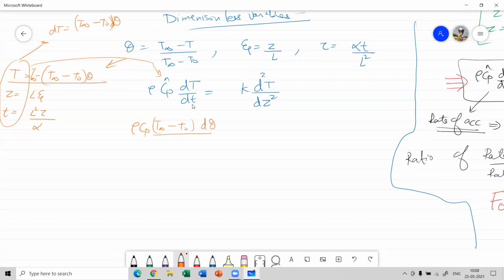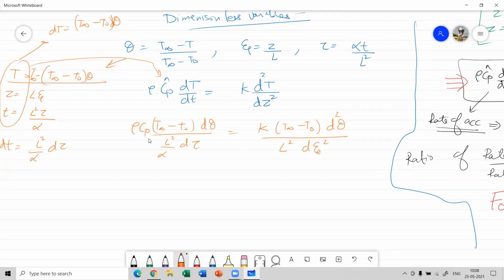And what is time? dt can be written as L square by alpha into d tau. Similarly, d square T over here can be T infinity minus T naught into d square theta by L square d zeta square, since Z over here is L into zeta.